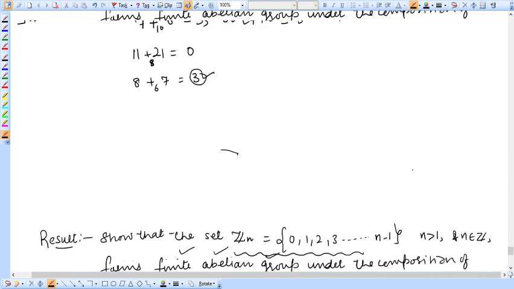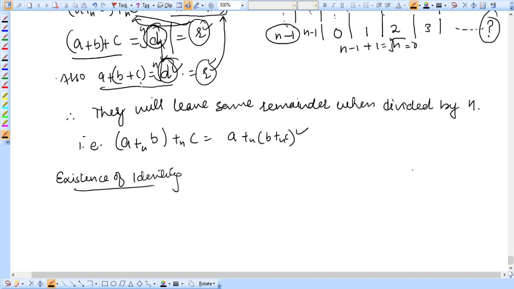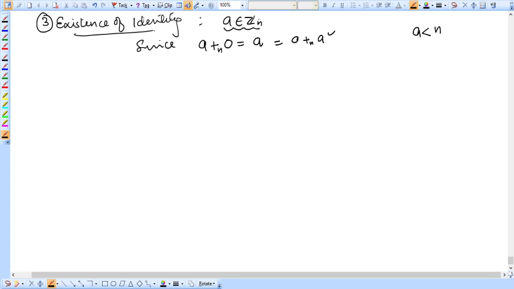So moving toward the second last property, existence of identity. Since a addition modulo 0 is equal to a again, and it is equal to 0 addition modulo a, right? Because a belongs to Zn, and Zn has elements from 0 to n minus 1, we can say a is less than n.